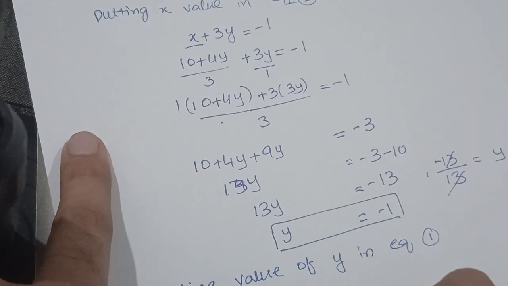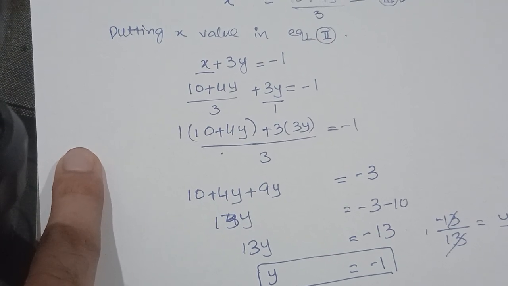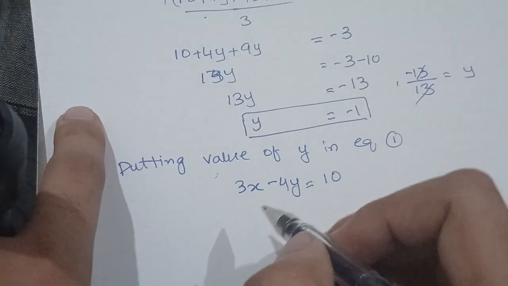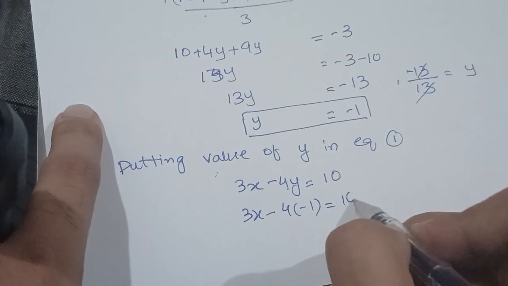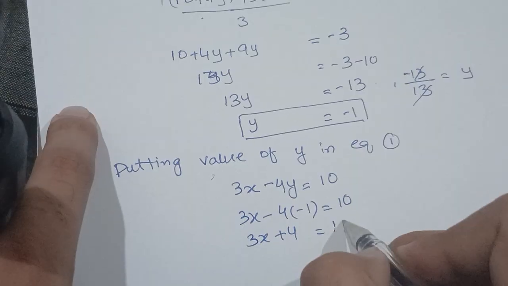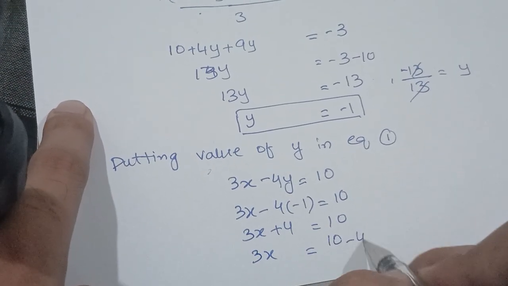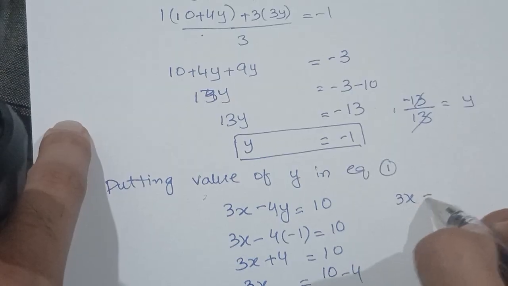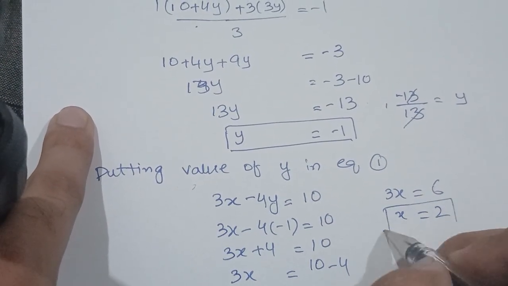So first equation is 3x minus 4y is equal to 10. Here you can see 3x minus 4 into minus 1 is equal to 10. 3x plus 4 is equal to 10. 3x is equal to 10 minus 4, 6. 3x is equal to 6 and x is equal to 2.